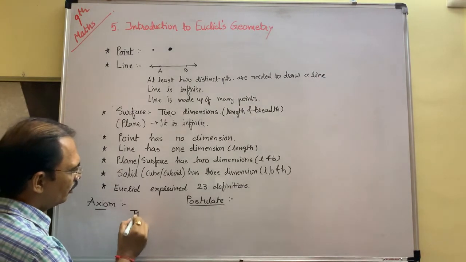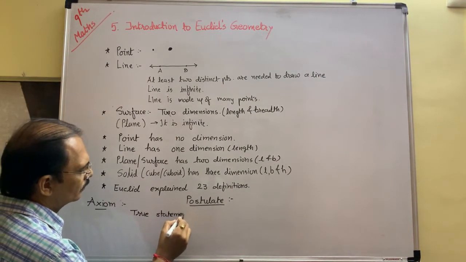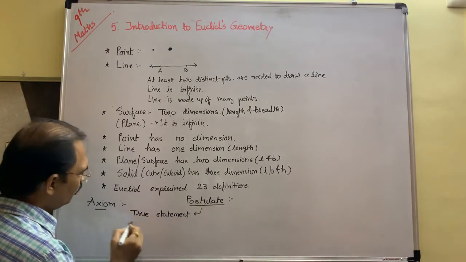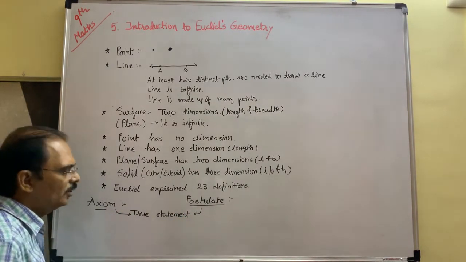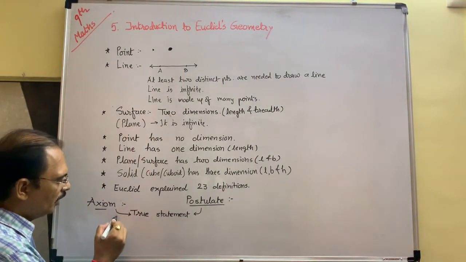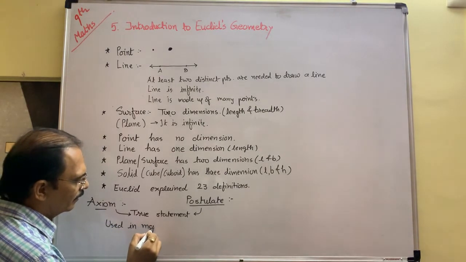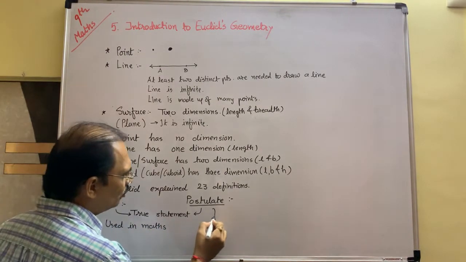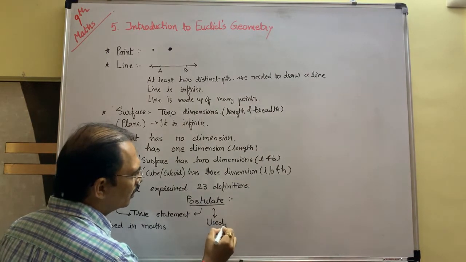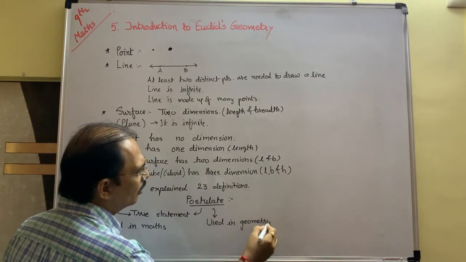Means it's a true statement. Postulate is also a true statement. Axiom is also a true statement. But axiom is used in maths, whereas postulate is used in geometry, means part of the maths.